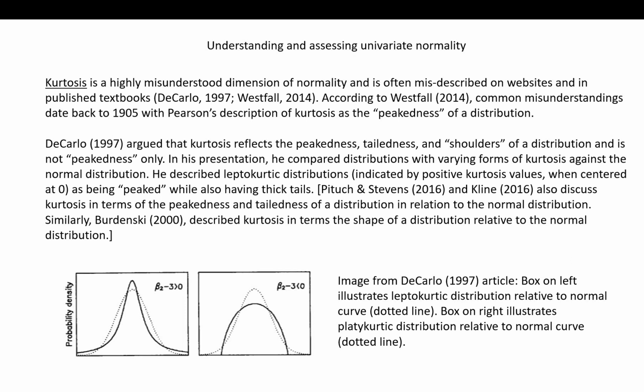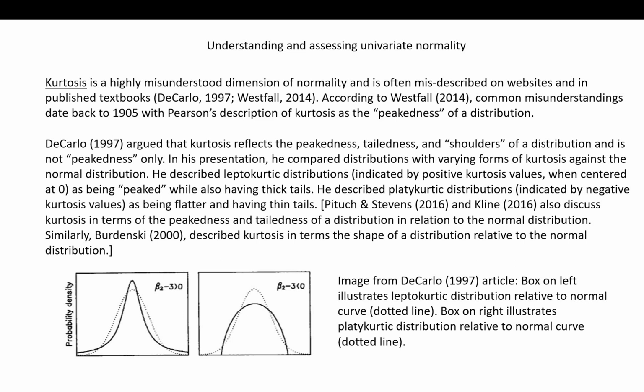So it's not peakedness only. In his presentation, he compared distributions with varying forms of kurtosis against a normal distribution. He described leptokurtic distributions, basically indicated by positive kurtosis values when centered at 0, as being peaked while also having thick tails. He also described platykurtic distributions, which are indicated by negative kurtosis values, as being flatter and having thin tails.